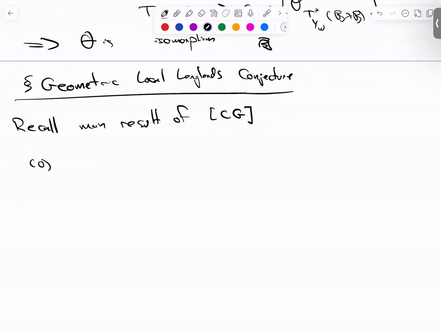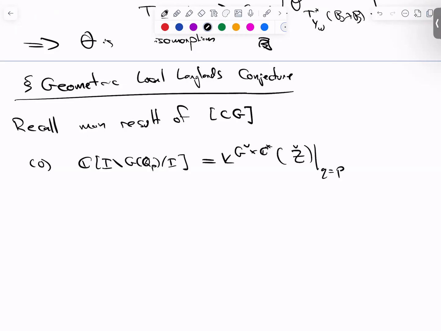And the statement is that this Iwahori Hecke algebra is isomorphic to K theory of Steinberg, happening on the dual root system, and specialized at q equals p. And I'm going to put this as a comment: this is happening on the zero categorical level. It's just an isomorphism of algebras.